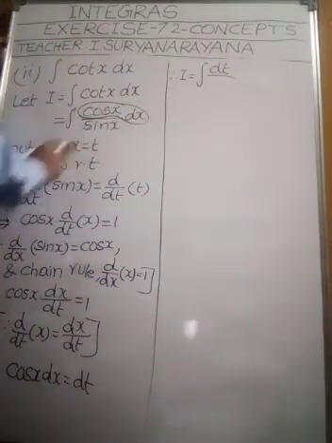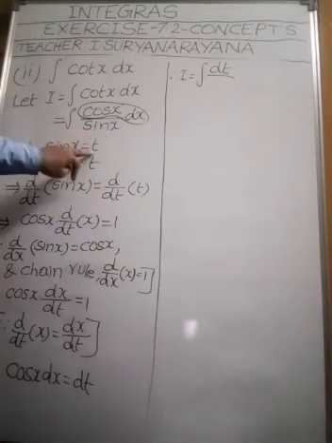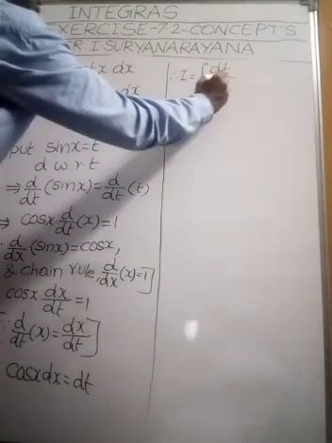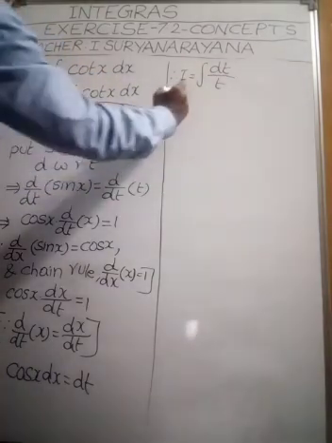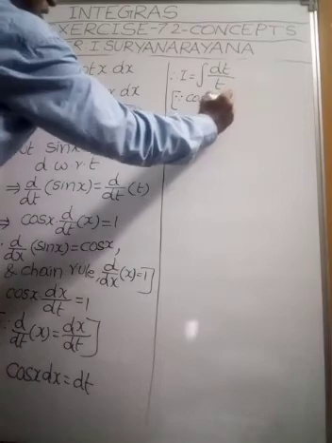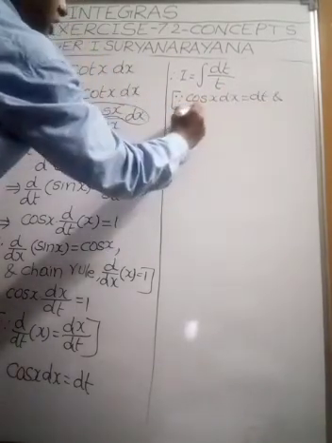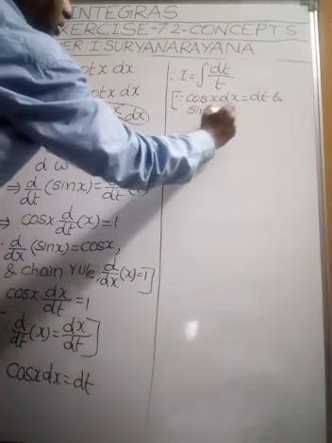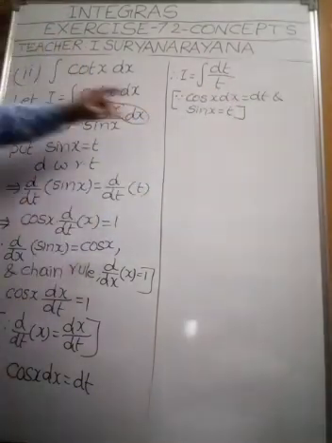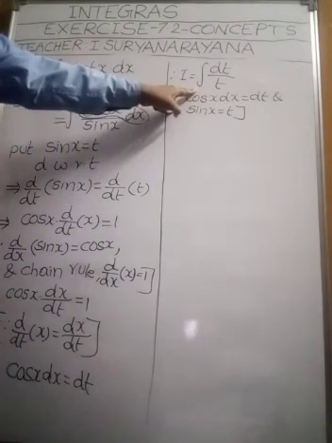By sin x is there in the denominator. What is the value of sin x here? t. Okay, my children, understood this one? Because cos x dx is equal to dt and sin x is equal to t. By substituting these two values, we got to this step. Understood this step, my children?